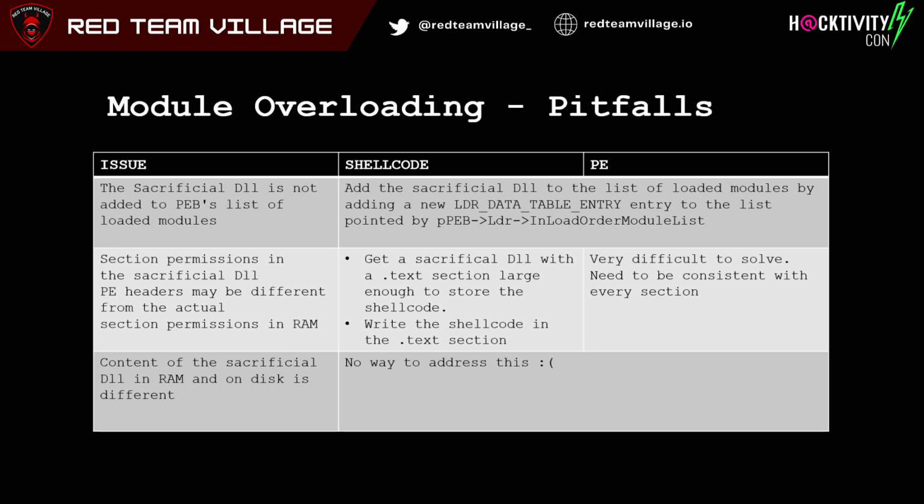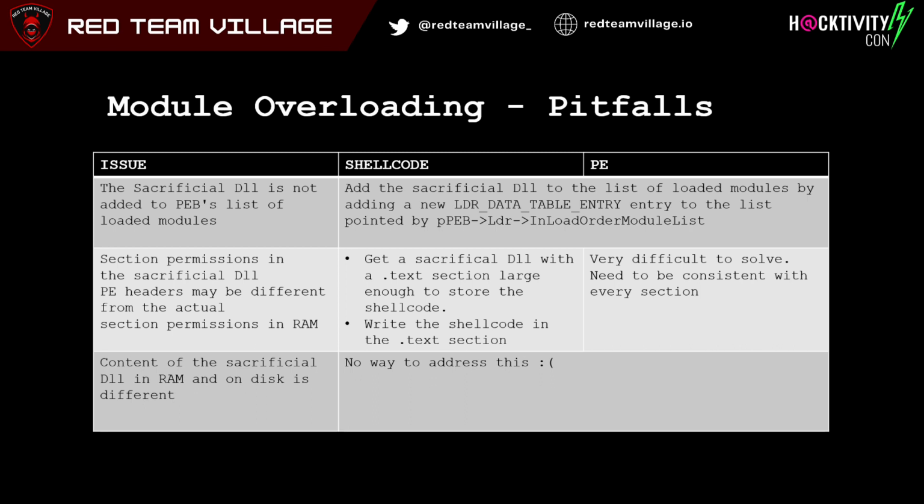So the solution here is to get a sacrificial DLL with the requirement that not only the size should be greater or equal to the requested size, but the size of each section of the sacrificial DLL must be greater or equal to the size of the corresponding section of the PE we want to load. This is very difficult to solve because we need to be consistent with every section, but we can do it. It's solvable.